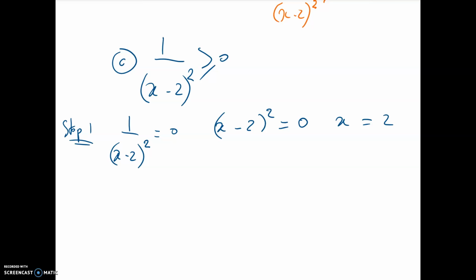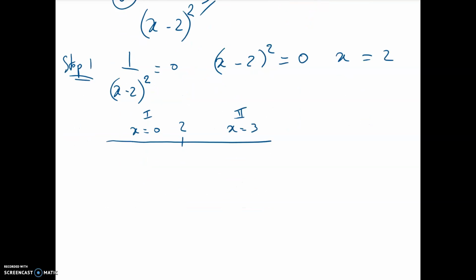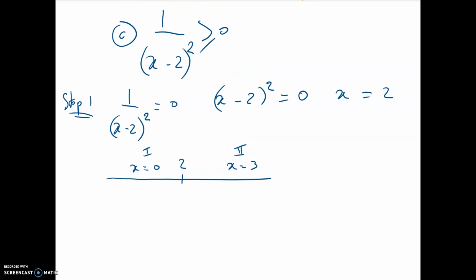So now we can have a number line where we put the 2, and that defines two intervals, and we can take a value of x equals 0 and a value of x equals 3. If I substitute this value of x inside my inequality, what do I have? Well, 1 over (0 minus 2) squared equals 1 over 4, and obviously that is greater than or equal to 0, so that's okay.